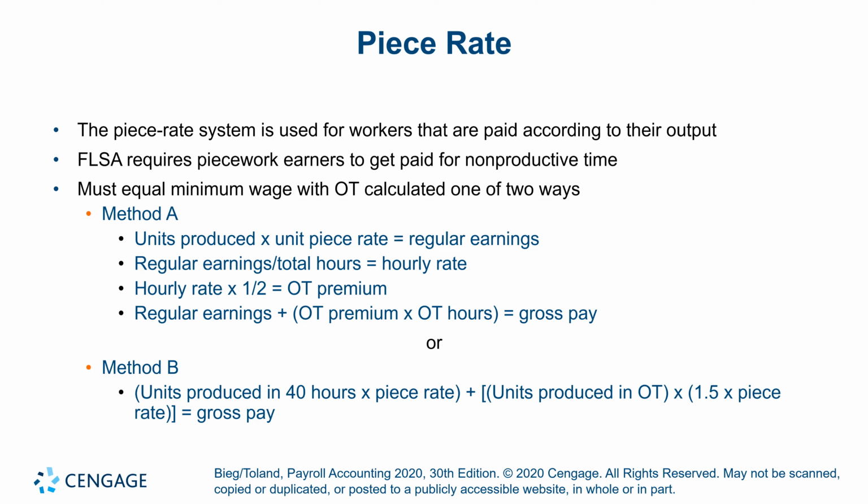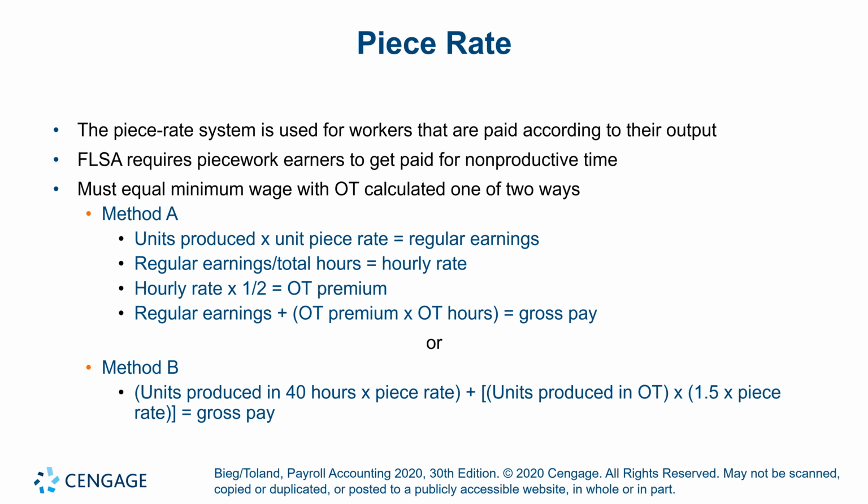Okay, I lied. It actually shows you these two different methods at the bottom of 28 and at the top of 29. So method A at the bottom of 28, and then method B at the top of 29.